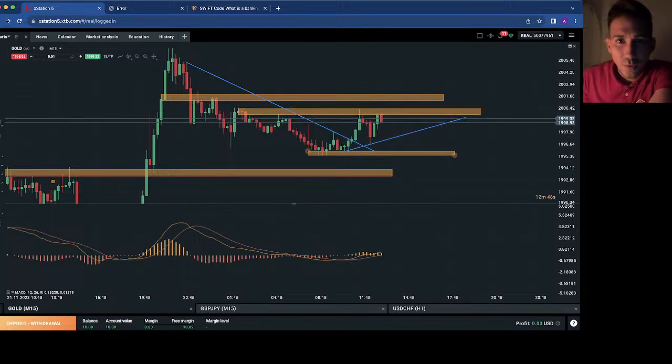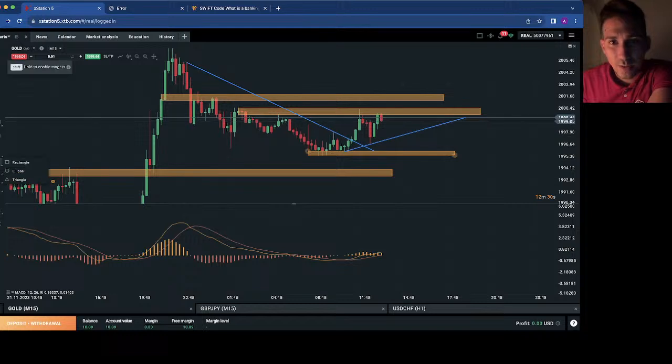There you go. Once again, rejection on the area of value. It's making this double top. Then what I want to see is that if we pass this area again, sure, yeah, we're going down.